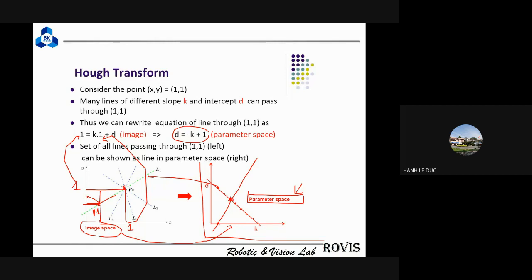From this, we will know the coordinate of this point, and then we can calculate the equation of the line in the image space.